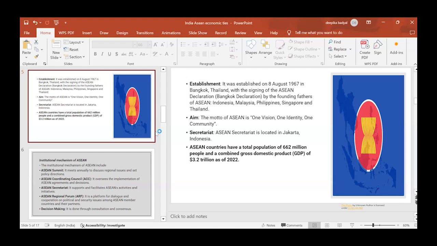So recently, in 2014, Prime Minister Modi upgraded the Look East policy into the Act East policy. Even under the Act East policy, ASEAN happens to be the central pillar. It still is the central pillar of the policy. It drives India's equation with the Southeast Asia region.